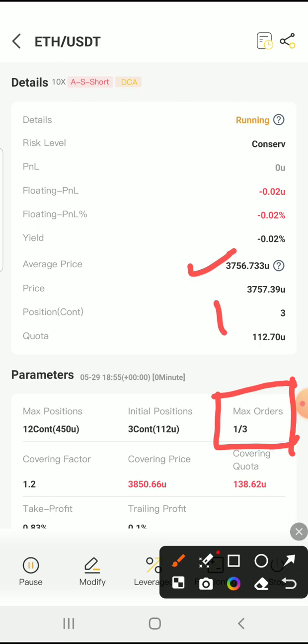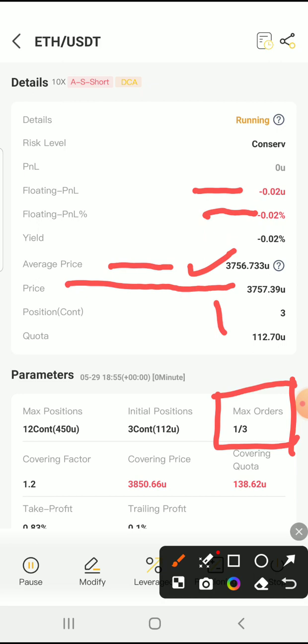Now the current price is what we have here, 3757, but when we bought it, it was 3756, which means the price is almost the same. So we have this floating P&L, this little amount, and the same floating P&L in percentage over here.